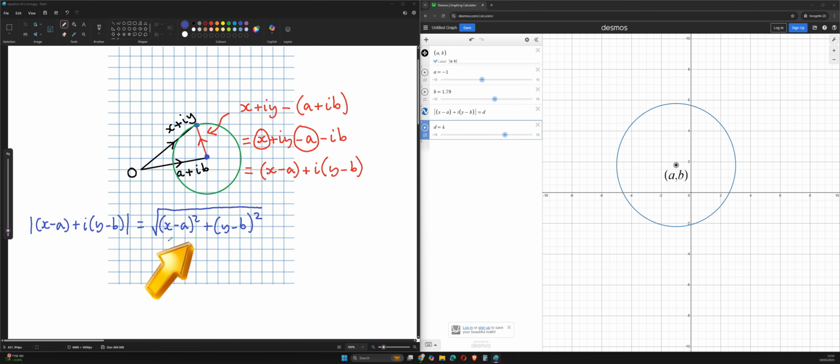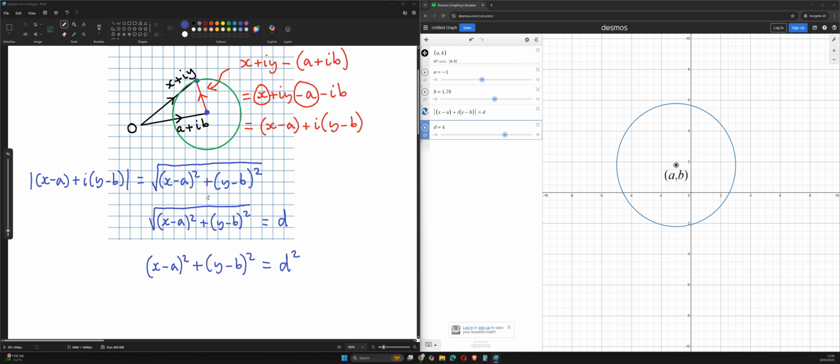Well, it's the same as the square root of (x minus a) squared plus (y minus b) squared. Now, if we square both sides of this equation, we end up with (x minus a) squared plus (y minus b) squared is equal to d squared. And that's the general equation of a circle with a center (a, b) and a radius d in the Cartesian plane.